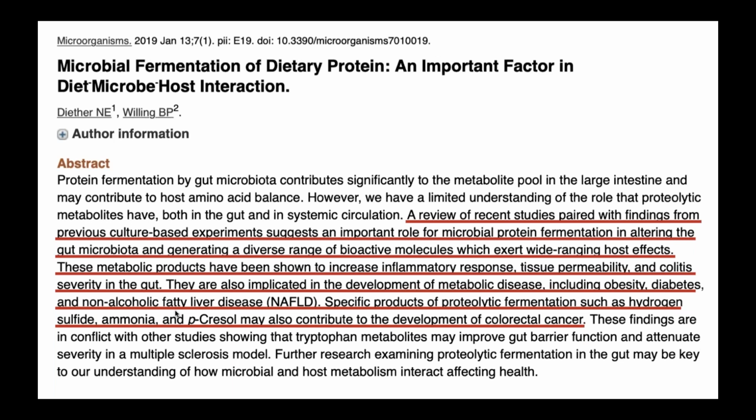So when we talk about the link between proton pump inhibitors, hypochlorhydria, low stomach acid, and increased risk for Clostridium difficile, that's potentially one of the factors. The lack of stomach acid potentially leads to an increase in protein fermentation in the colon, which then benefits Clostridium difficile. It gives it a competitive advantage.